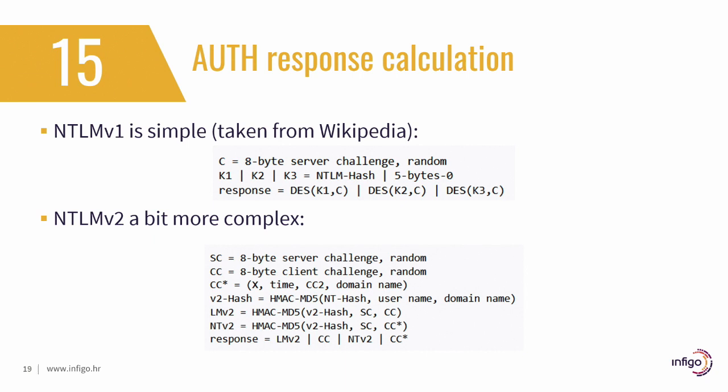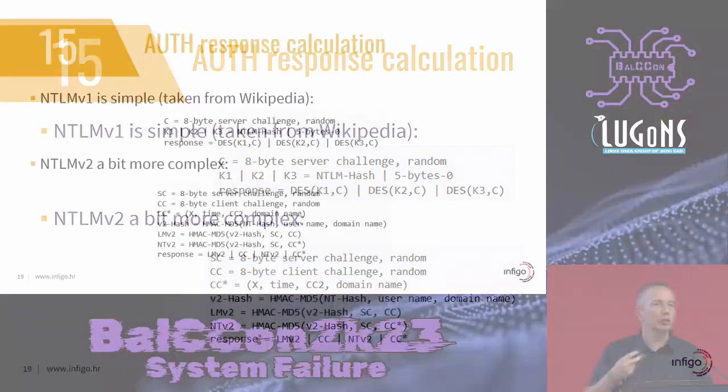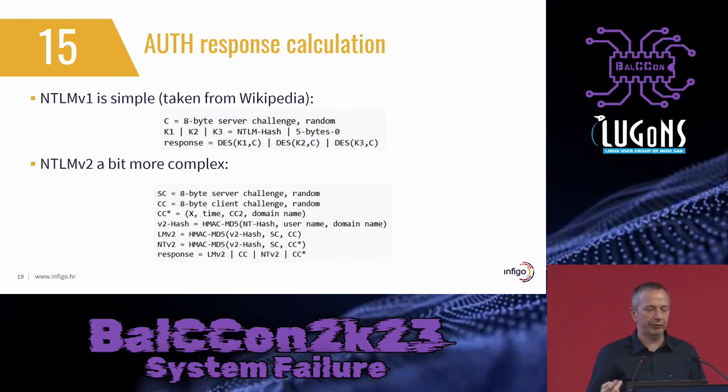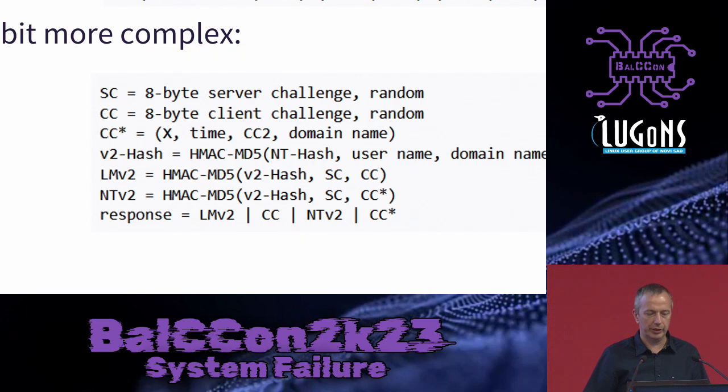We'll take our domain name and our timestamp. And then we'll have 2 HMAC-MD5 calculations over here to get the so-called LM version 2 and NT version 2 NTLM hash. The first one, LM version 2, is usually ignored. The second one is the one that matters.